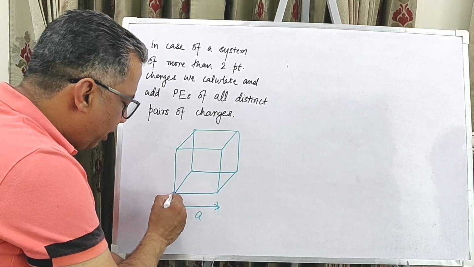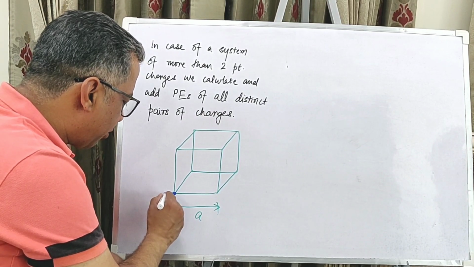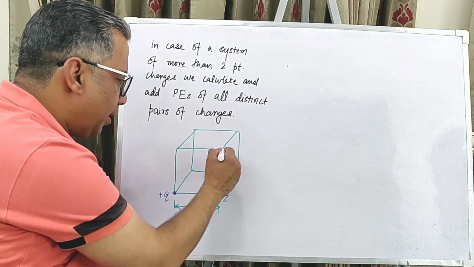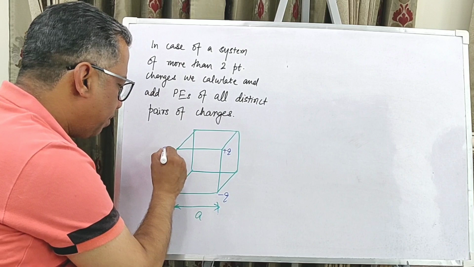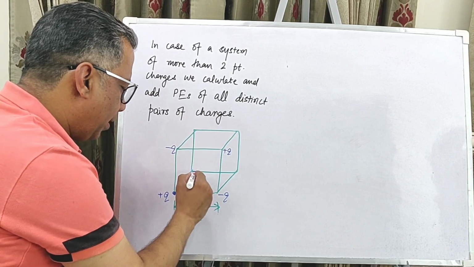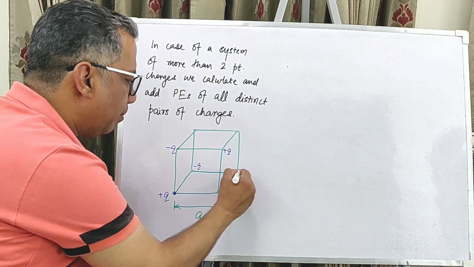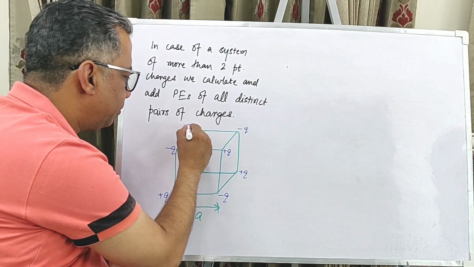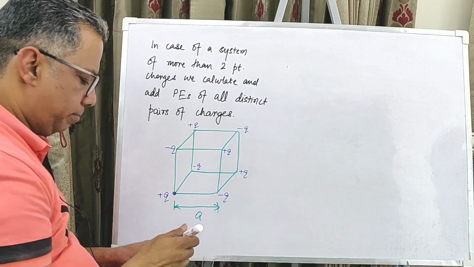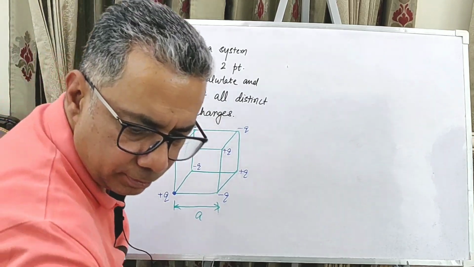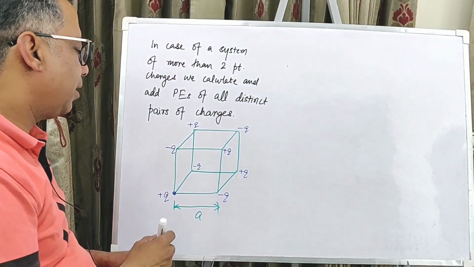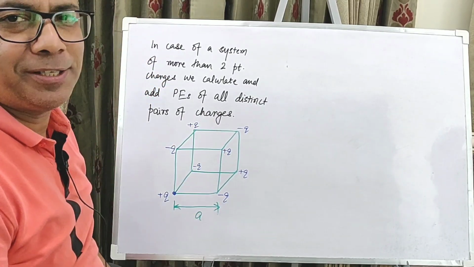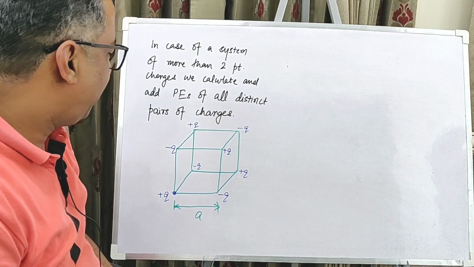So let's say over here we place charge plus Q, then minus Q here, plus Q, minus Q, and minus Q, plus Q, minus Q, plus Q. Right? Now, we're interested in calculating the potential energy of this system of charges.